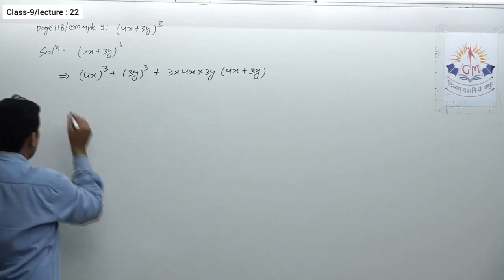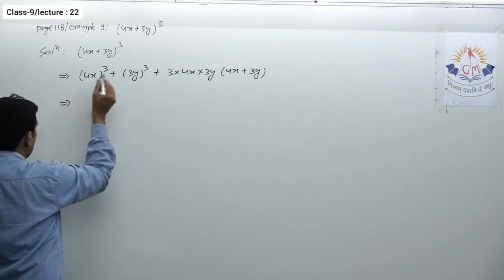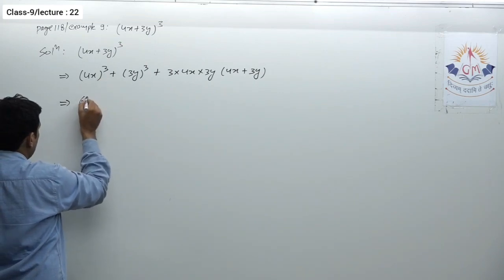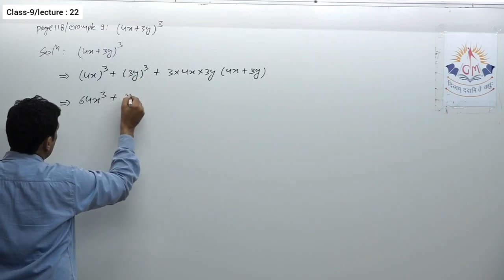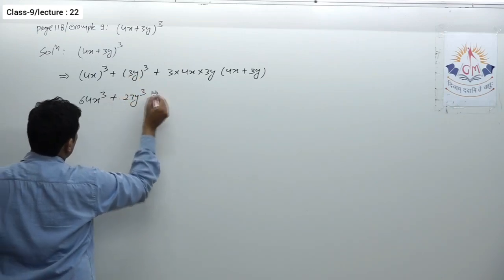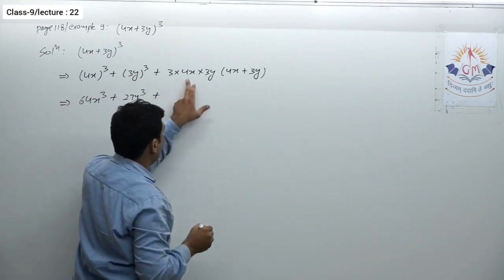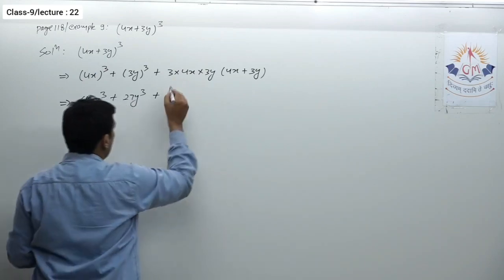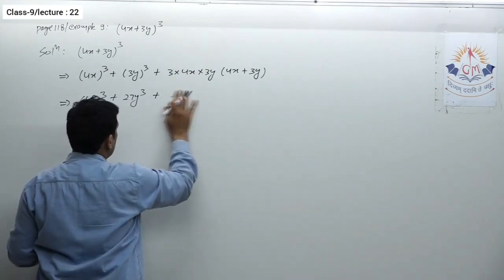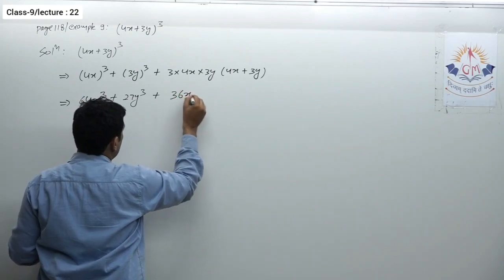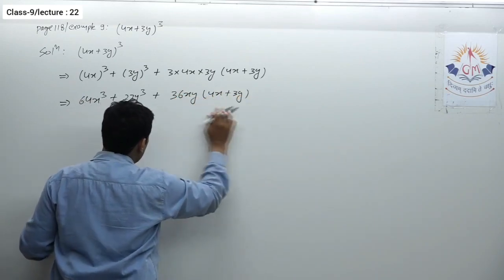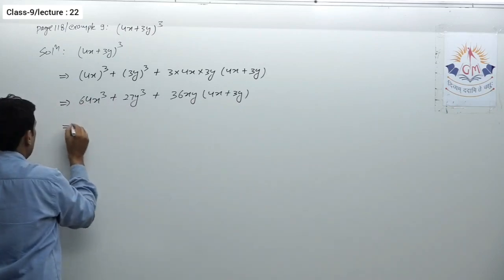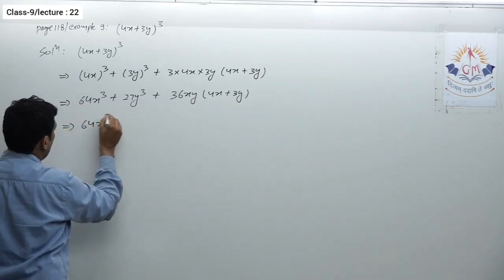Now we'll simplify these terms. 4x whole cube, so 4 cube, that is 64 x cube, plus 3 cube, that is 27 y cube, plus over here 3 4s are 12, 3 into 12 is 36. So here I have 36 xy into 4x plus 3y. Now again here we do multiply, and that gives us the final answer.